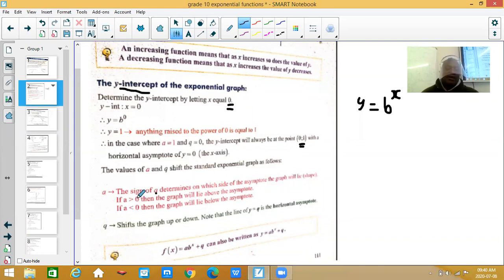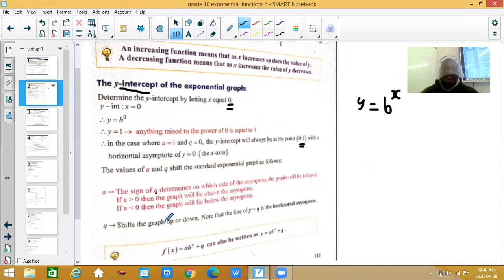If a is positive, which is greater than 0, the graph will lie above the asymptote. If a is negative, which is a negative number, then the graph will be below the asymptote. We'll be looking into such scenarios as we proceed. Now, let me just sketch one, but anyway, we'll look at it.